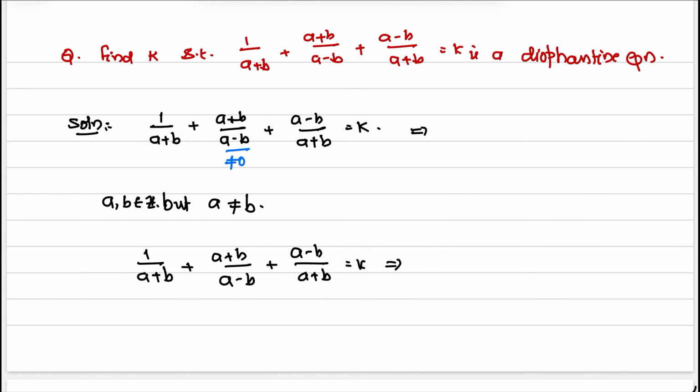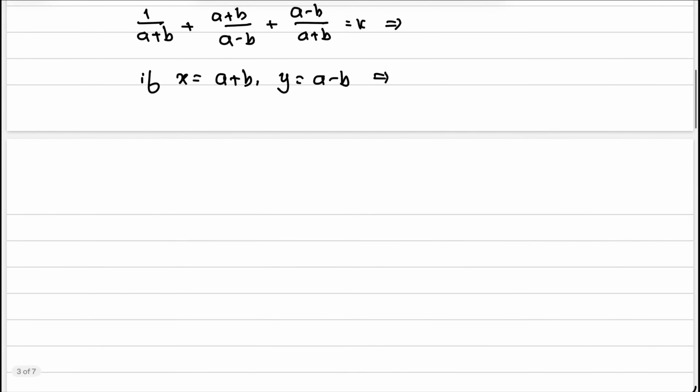It can be written as, if x is equal to a plus b and y is equal to a minus b, 1 by x plus x by y plus y by x is equal to k.